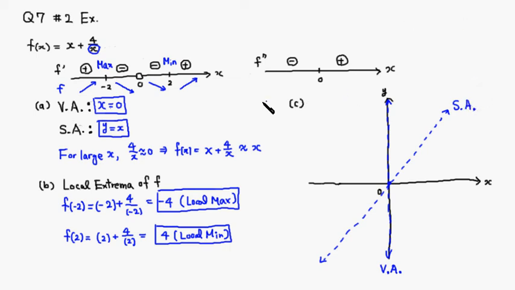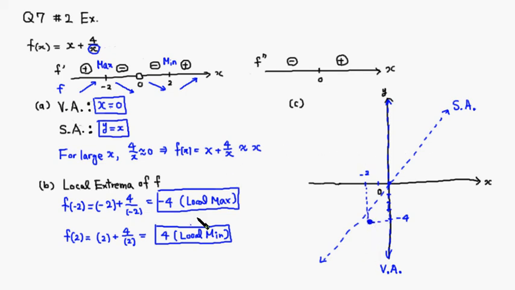Then we have a local max and a local minimum. So the local max occurs at -2, and this occurs at -4. So here's -2, and 1, 2, 3, 4, so here's -4. I'm going to place a dot. So right here is where the local max occurs.